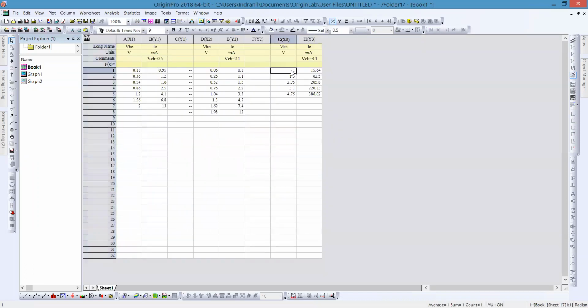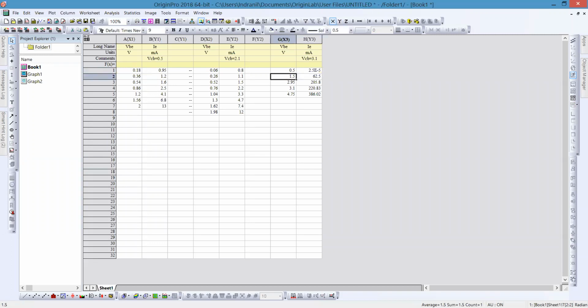Please tell me, 0.5 volt and the corresponding current? 25.12 nanoamperes, sir. For 25 nano, in milli it will be 10 power minus 6. Yes, sir.